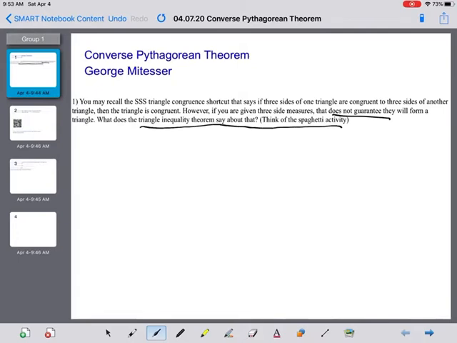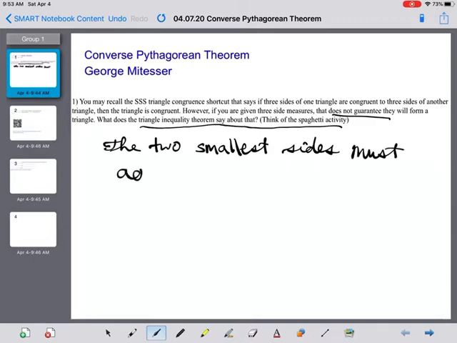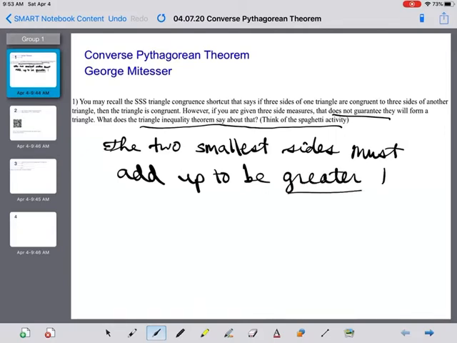So, you should recall that the two smallest sides must add up to be greater than the third, the largest side.